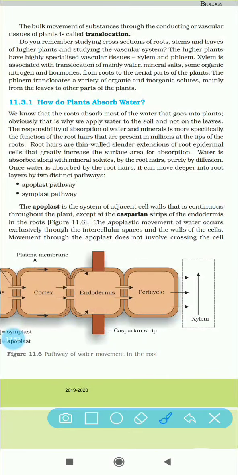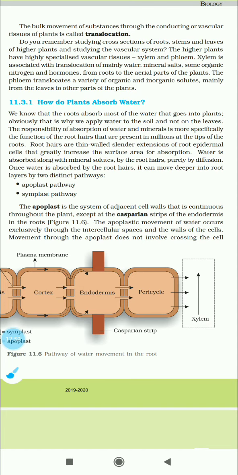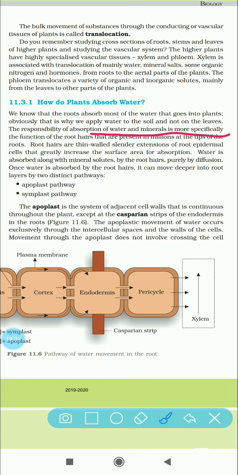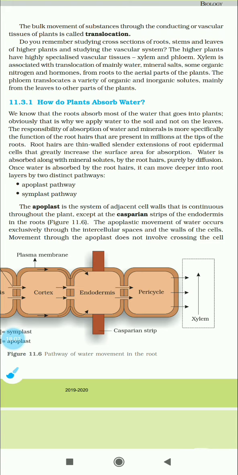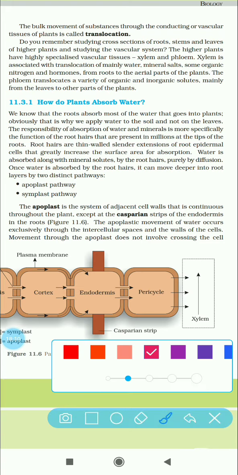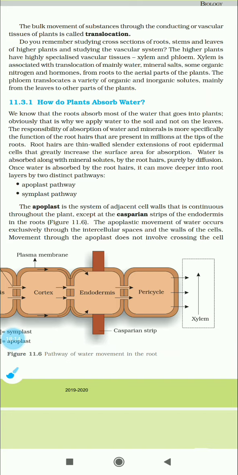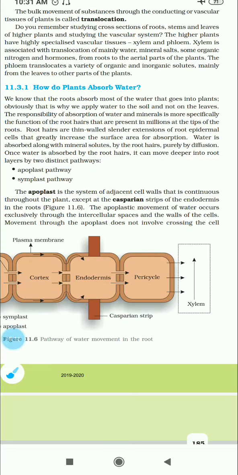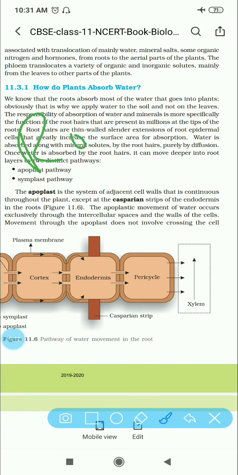Roots are responsible for absorption of water. If they talk about minerals, then minerals are mainly absorbed by root hairs, which are on the root. Over here they have mentioned the roles of two things: the role of roots, and the role of root hairs.